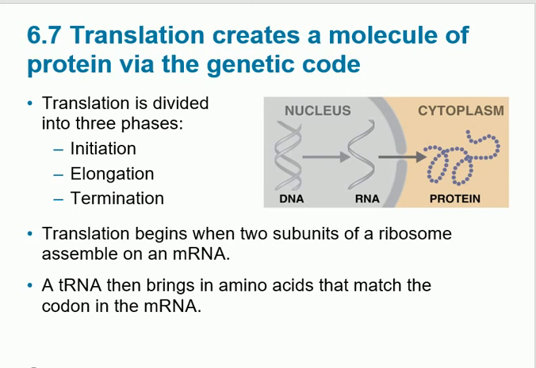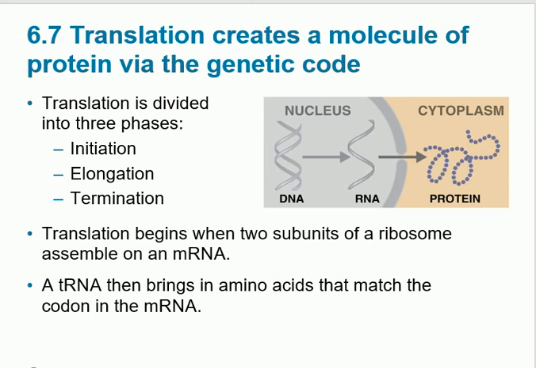When it comes to translation, you have initiation, elongation, termination. This was in the video I showed you for translation. Initiation, this is when you start. Do you remember this?